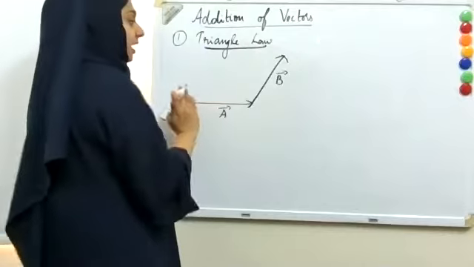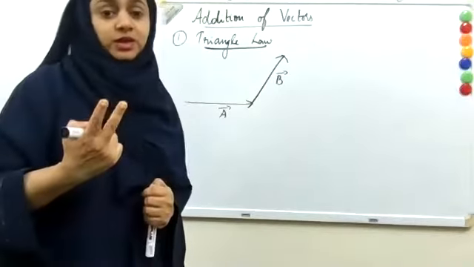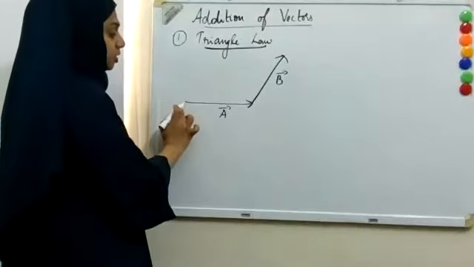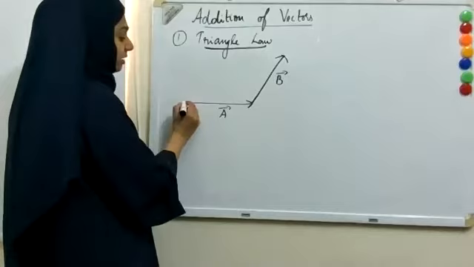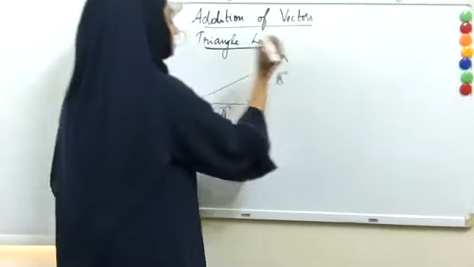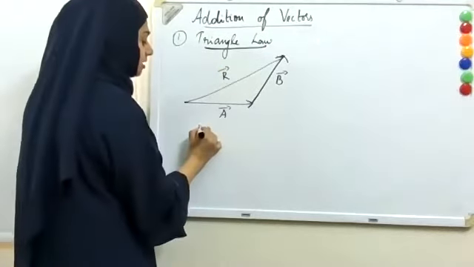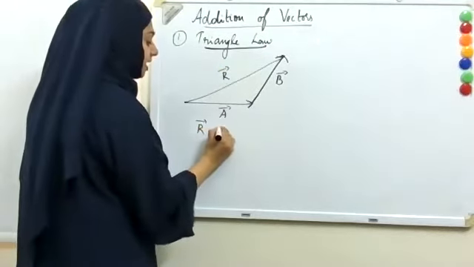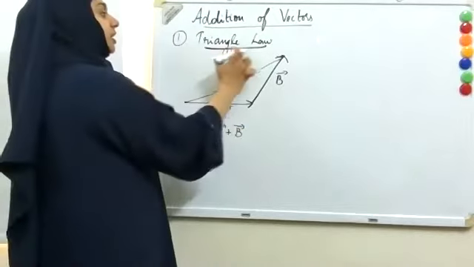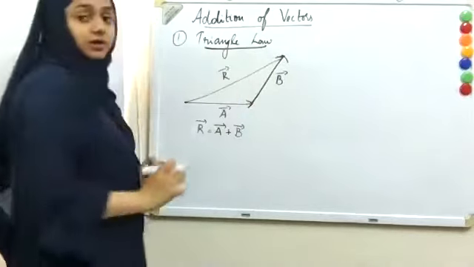And the resultant, usually the sum of two vectors, is called the resultant. So the resultant is obtained by drawing a vector from the tail of the first vector to the head of the second vector. So this is equal to R. R is equal to A plus B. So this is the triangle law of vector addition because we end up in a triangle.